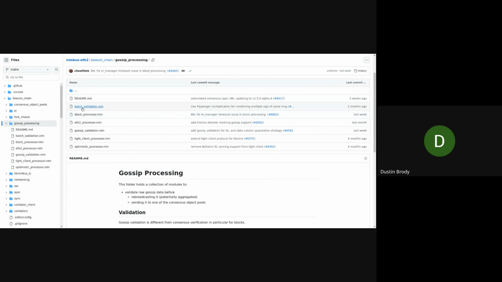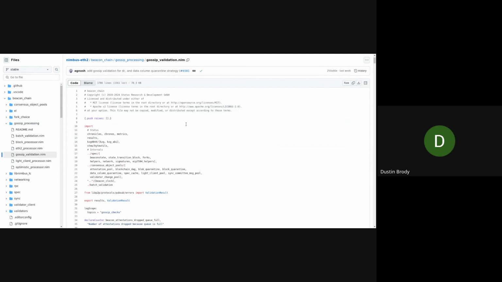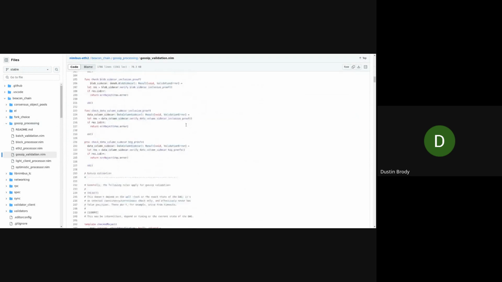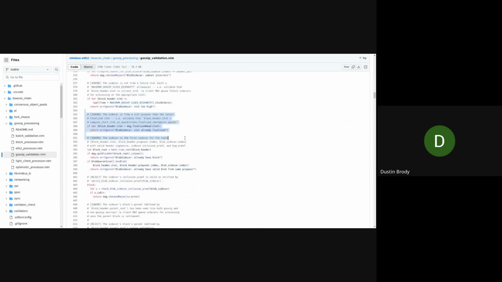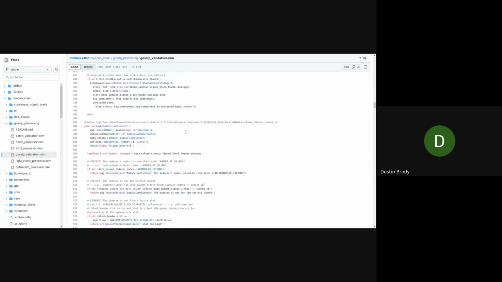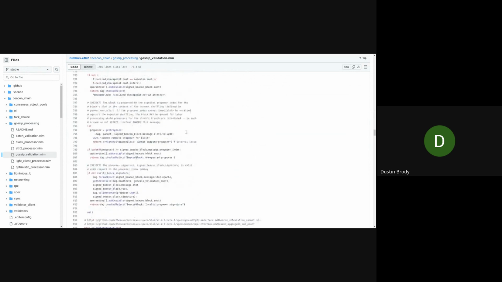Batch validation, block processor, ETH2 processor, gossip validation, light client processor, etc. see things coming in and do not yet trust them. On the one hand, these are easier to access. On the other hand, they are in theory hardened. If we look at gossip validation, all it is is a bunch of checks: if this is invalid, then fail. That's the entire module, thousands of lines of this.